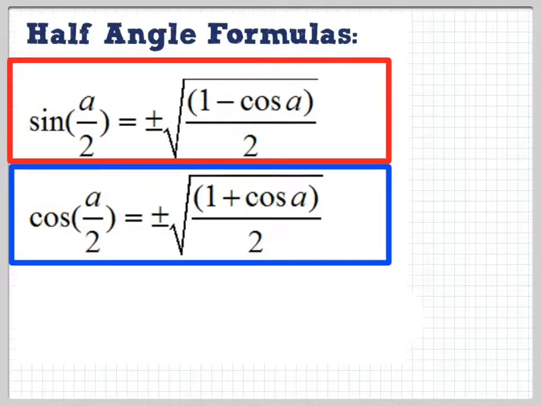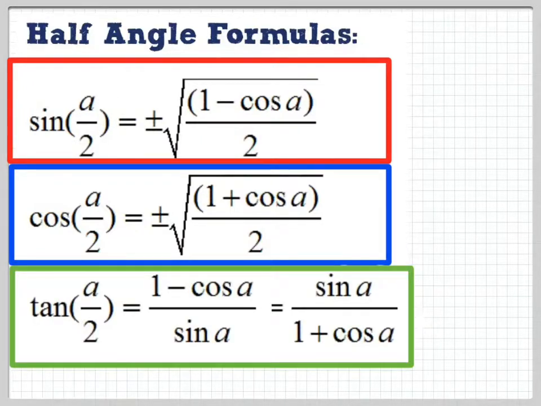And what it depends on is what quadrant is this angle in, not the A, but the A divided by 2. Tangent does not have plus or minus out in front of it, but you'll look at that and just write that down and you'll need to use that.